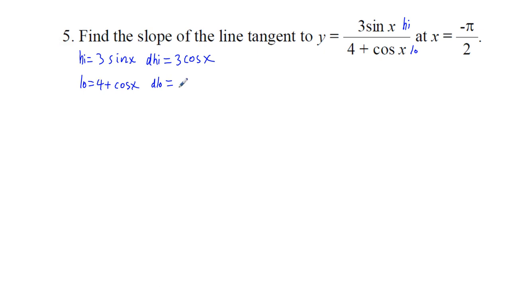Well, the derivative of 4 is 0. The derivative of cosine x is minus or negative sine x.